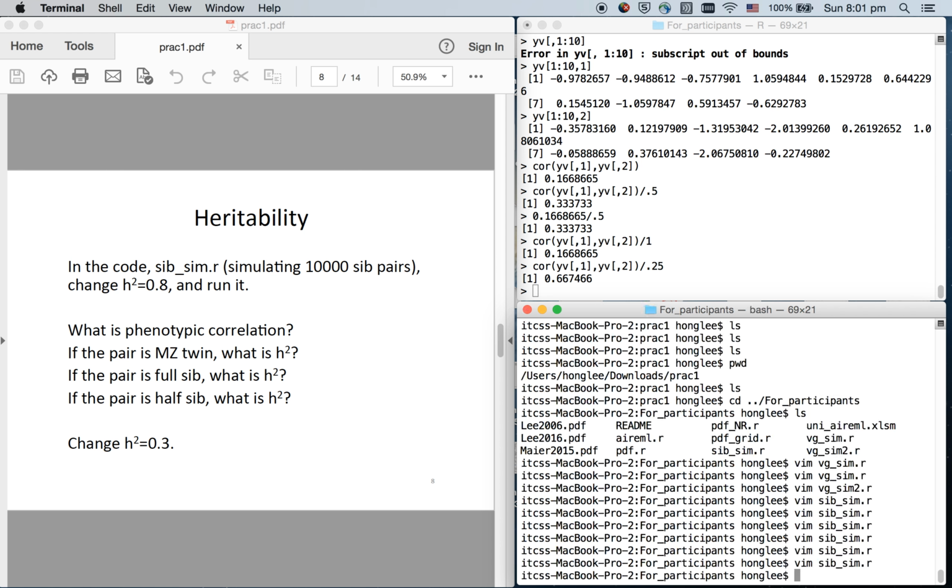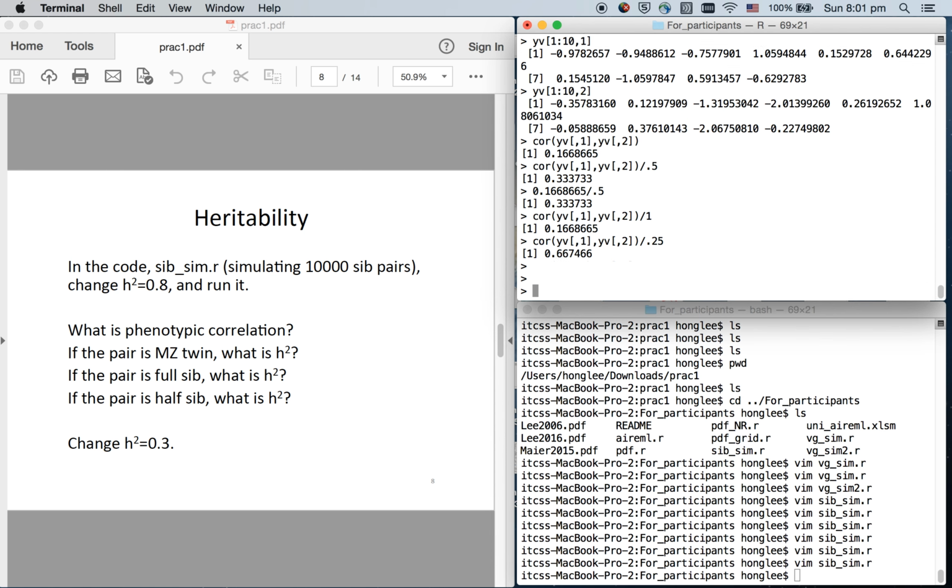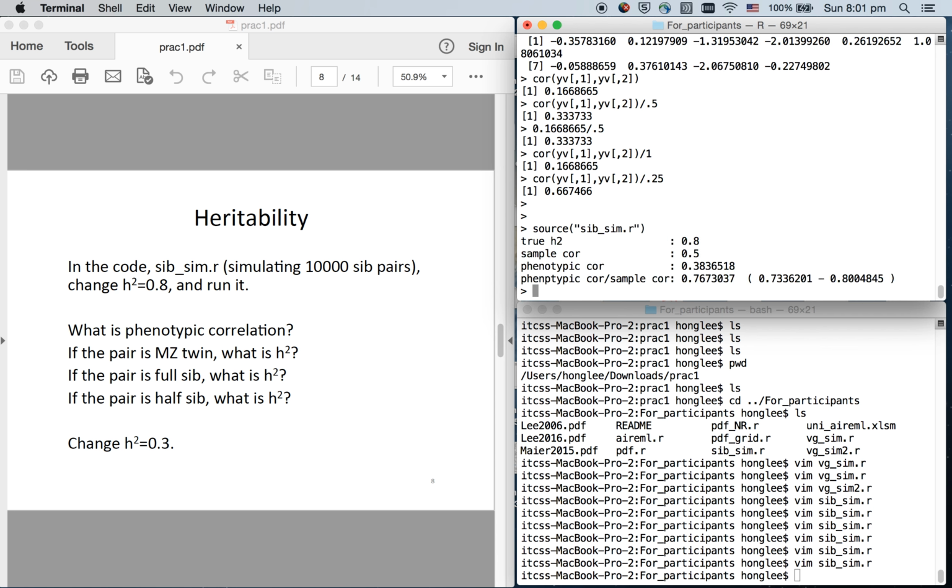Okay, so we simulate true heritability as 0.8, and we used full sibs, and now the phenotypic correlation is increased from the previous, right?